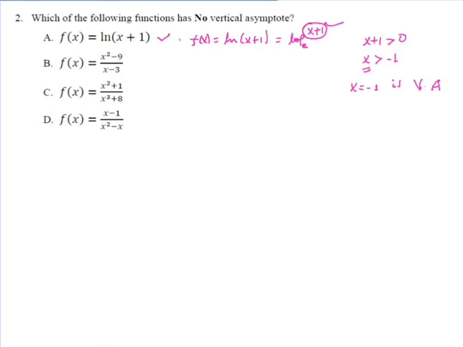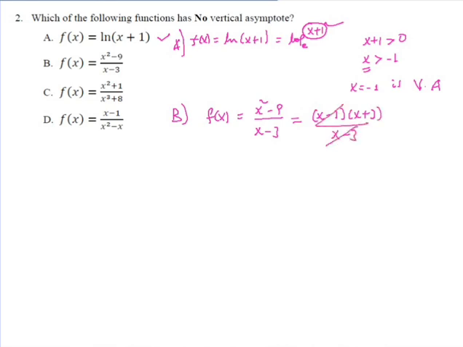Let's check the case in B. When we consider f of x equal to x squared minus 9 over x minus 3, this can be written as (x minus 3) times (x plus 3) over x minus 3.